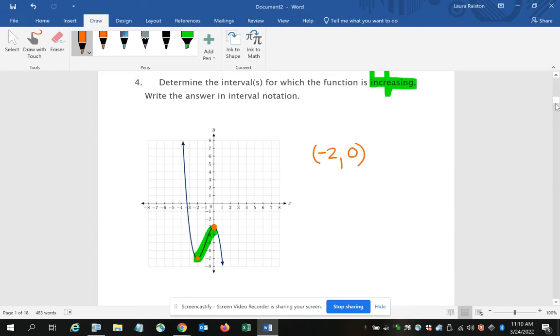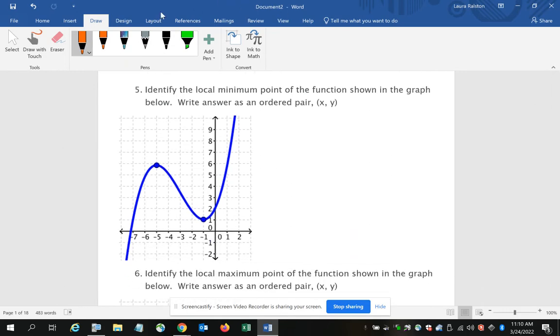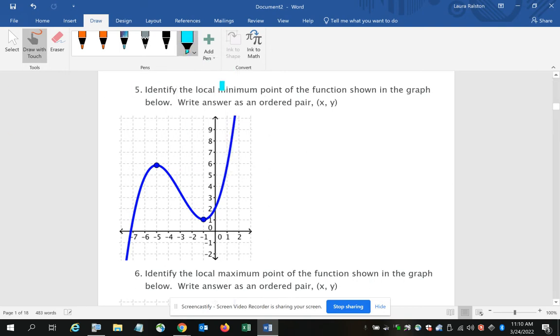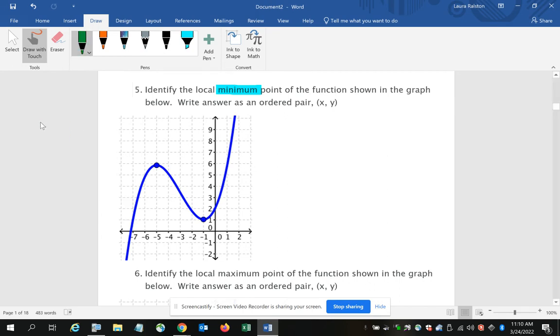All right, number 5 asks you to identify the local minimum point. Again, it's important that you pay attention, the local minimum. So I hope in your mind when you see that word minimum that it clicks that you want the lowest.